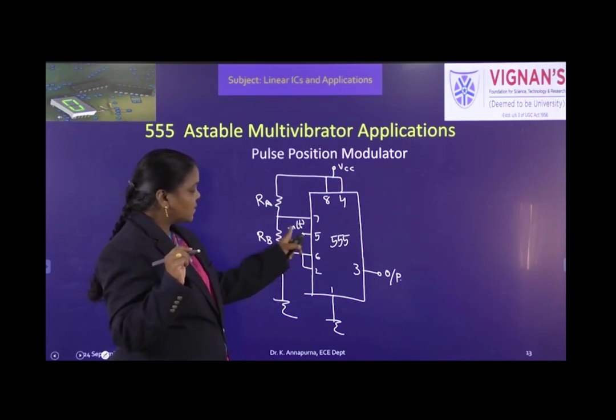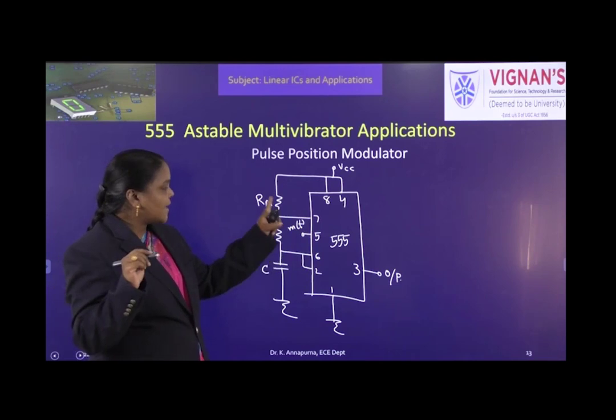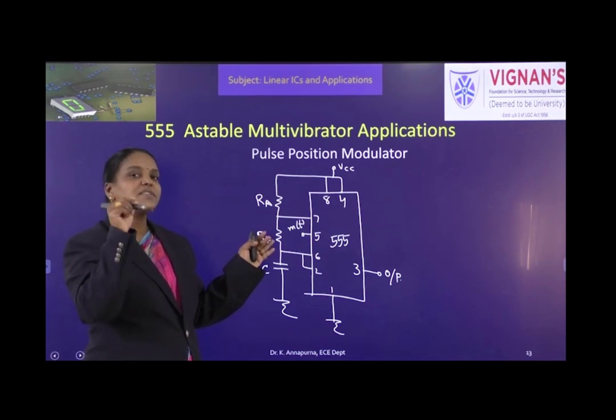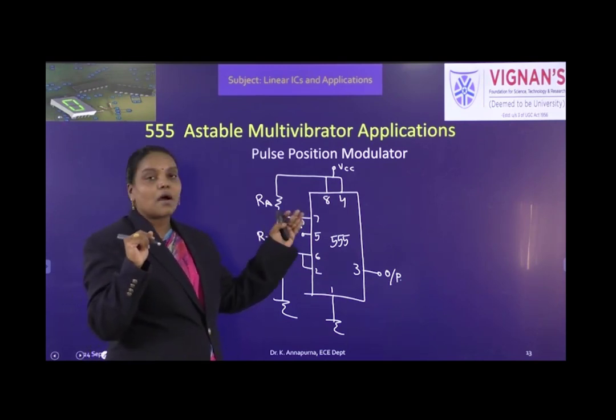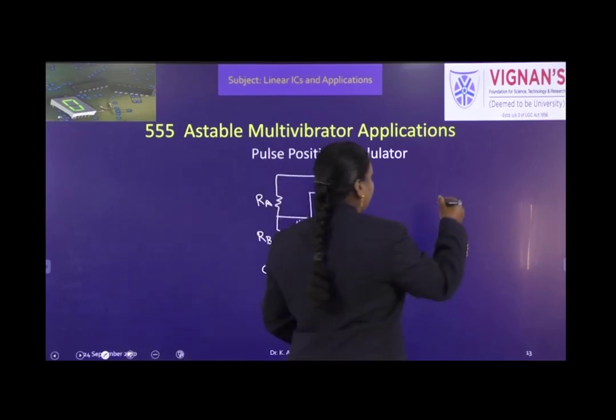But here we are applying the message signal to the fifth pin. In astable operation, if we apply the message signal to the fifth pin, that is the control pin, which is nothing but the 2/3 VCC point, then the output will be the pulse position modulation. Let us see.